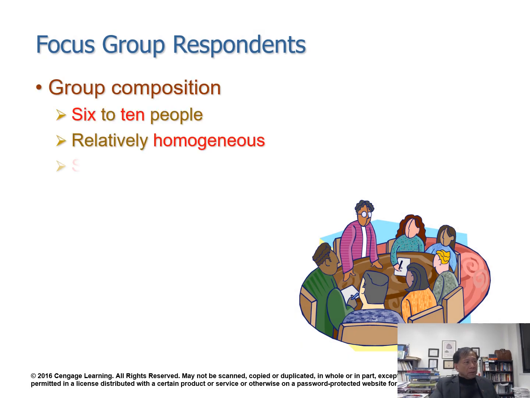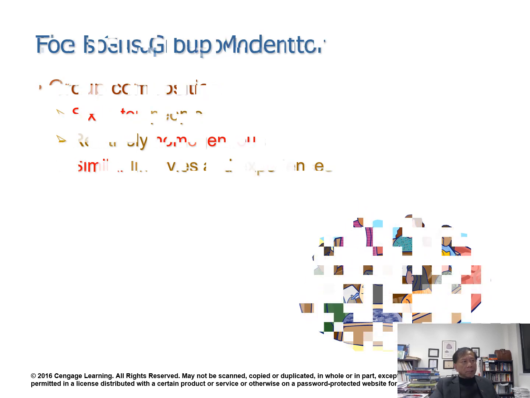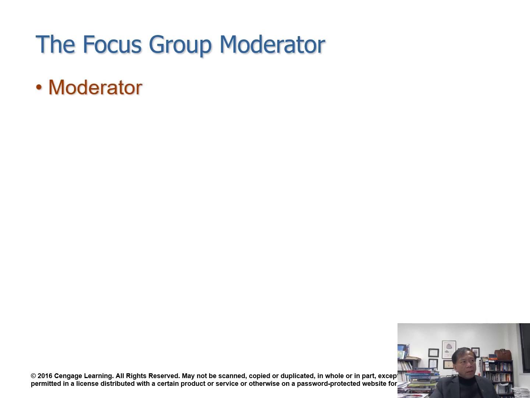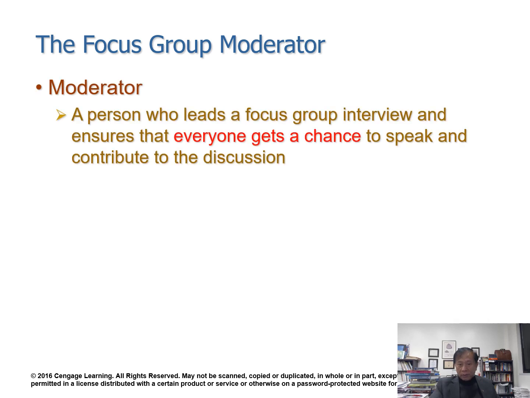As for group composition, 6 to 10 people, relatively homogeneous, with similar lifestyles and experiences, would be best. The focus group moderator, often the researcher, is the person who leads a focus group interview and ensures that everyone gets a chance to speak and contribute to the discussion.